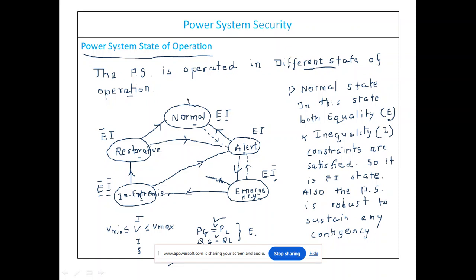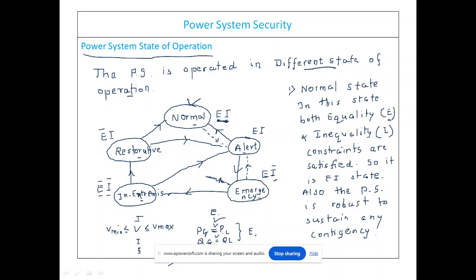So what is normal state? Normal state is also called as EI. What is EI? E means equality. So here I write it is equality. Equality means what? Now you have certain load on the power system, and if you are generating as per the load demand, the active power demand is also satisfied, the reactive demand is also satisfied, that is, PG is equal to PL and QG is equal to QL, then we say that equality constraint is satisfied.